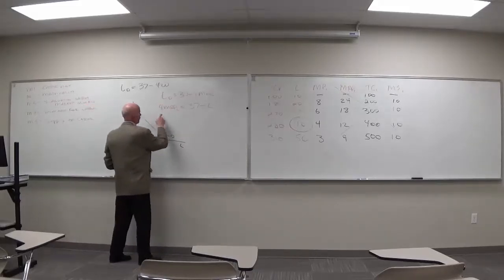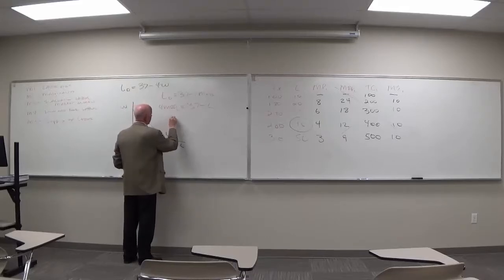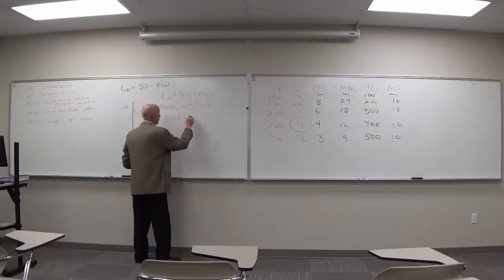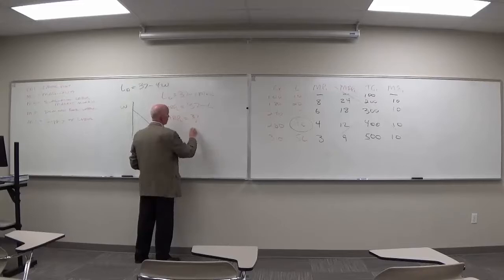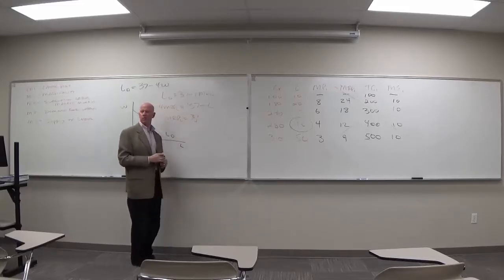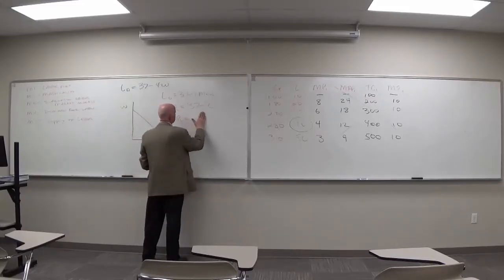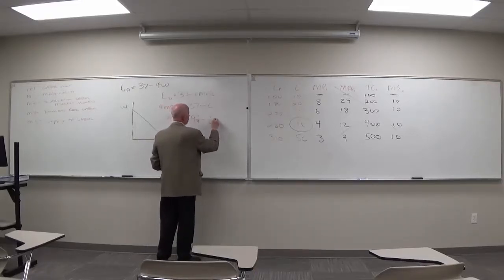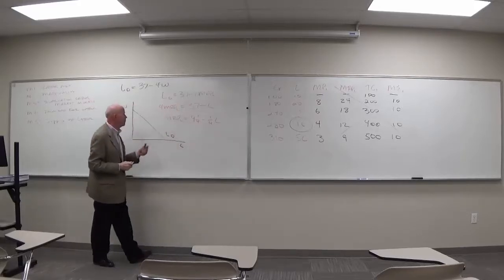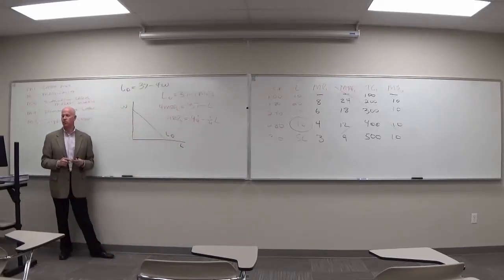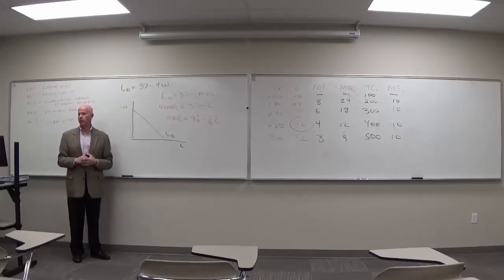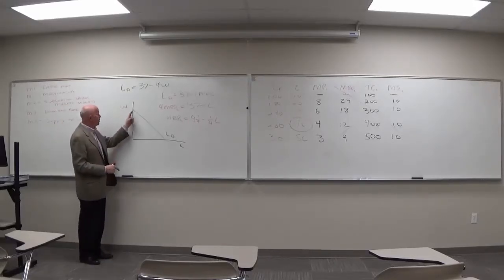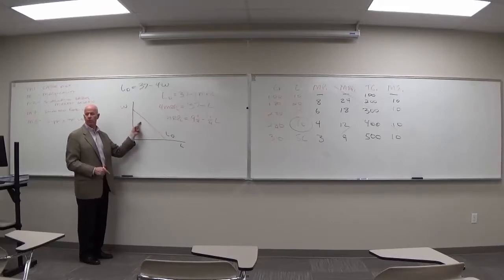And to get rid of the 4, we're going to say MRP of L is equal to 37 fourths, which I think is 9 1/4, minus 1/4 L. And now we have a marginal revenue product of labor equation, which can identify a marginal revenue product of labor curve. It's going to be the exact same curve.